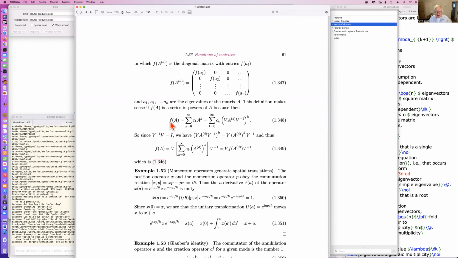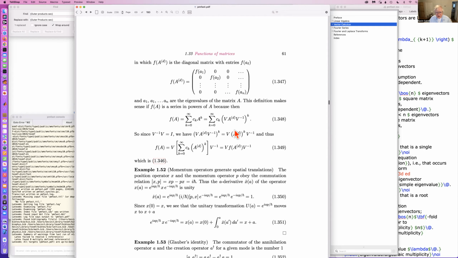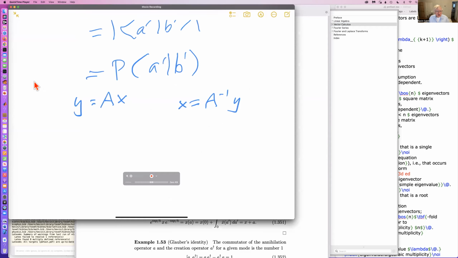And so you have that f on the matrix is this sum of these coefficients a_k, and they're A raised to the power k, and that's V A diagonal V inverse to the k.